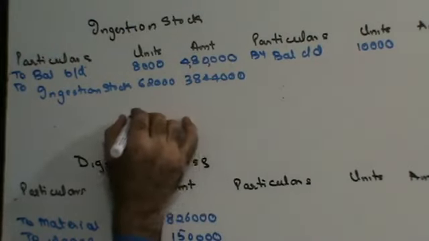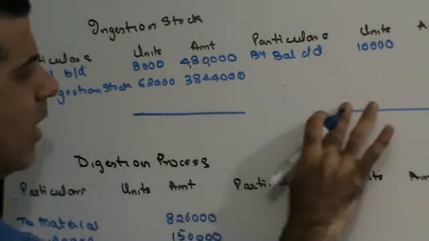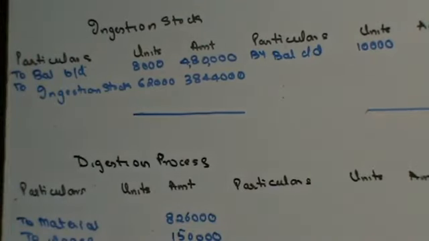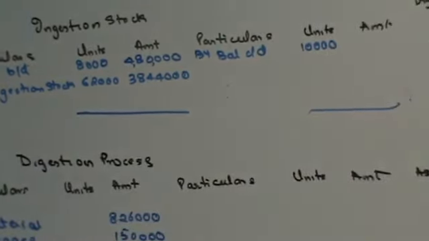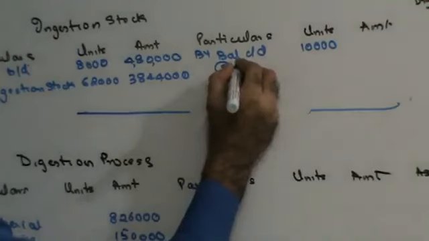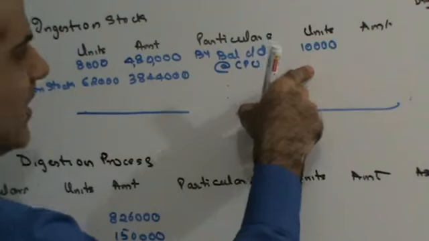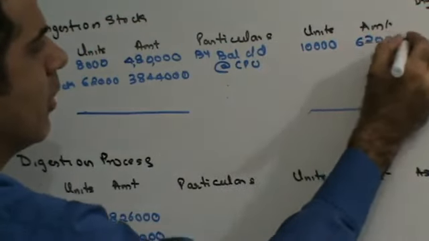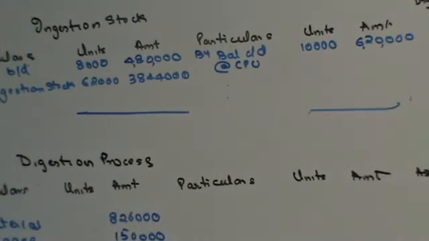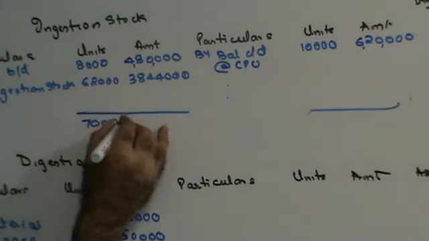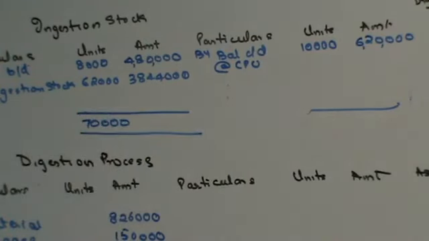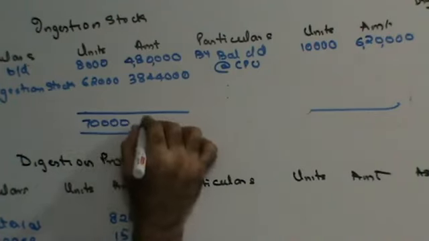Right? Tally this. Now before I tally this, I have to find out the value of the closing stock. Closing stock is 10,000 units. Closing stock of stock account has to be always calculated at the rate of CPU. So 10,000 into CPU of ingestion process, which is 62, will give you 6,20,000. Now let's tally this. This is going to be 70,000 units. 38,44,000 plus 4,80,000 will give you 43,24,000.